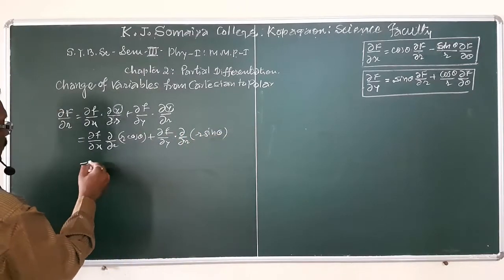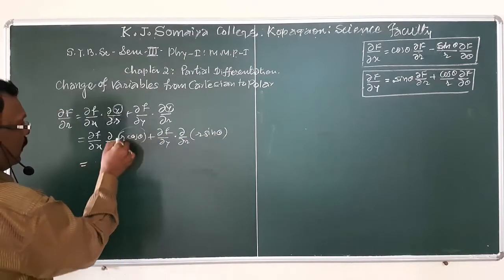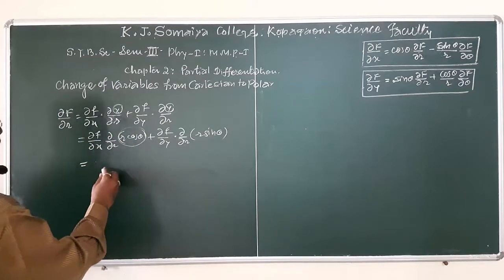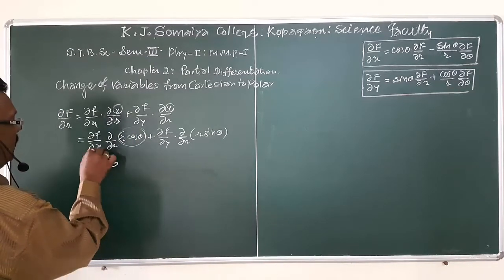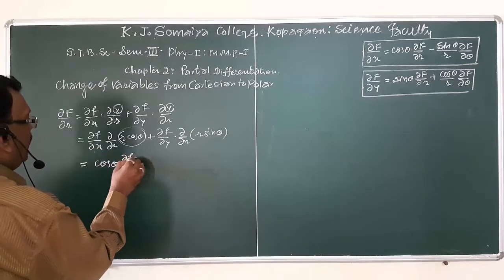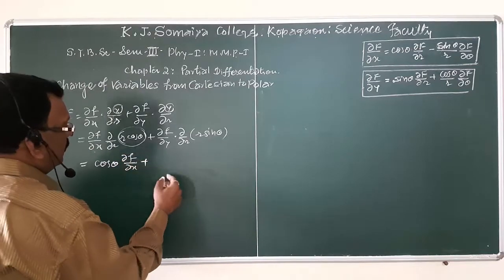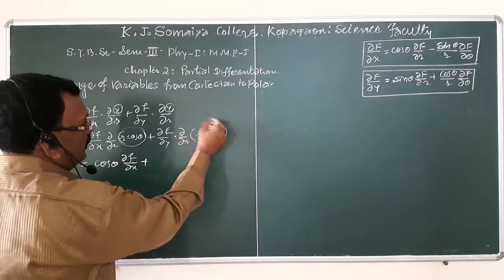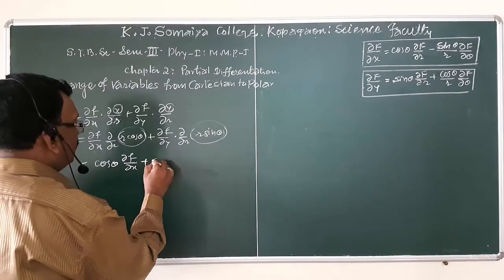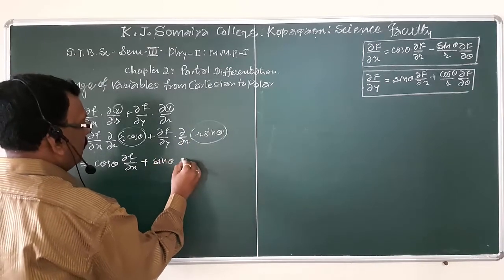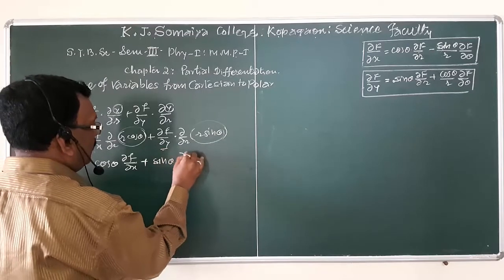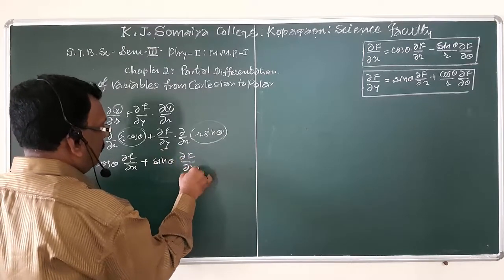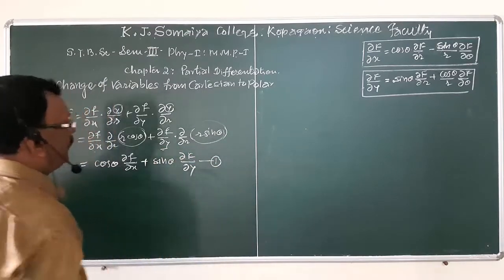Differentiating this equation, we get the derivative of r cos theta with respect to r is cos theta, and this term stays as it is, that is delta f by delta x, plus the differentiation of the next term with respect to r is sin theta, and the remaining term delta f by delta y. Suppose this is equation 1.